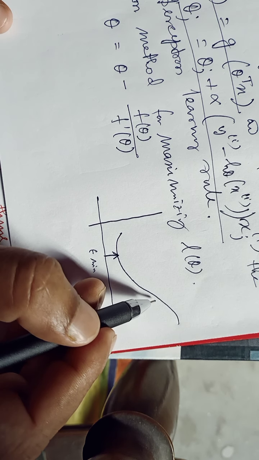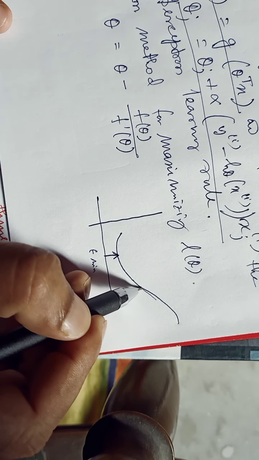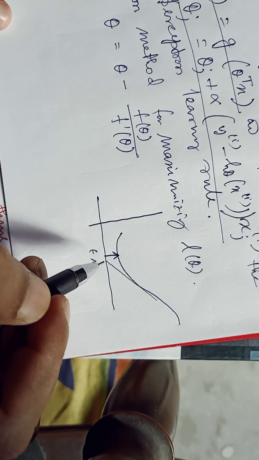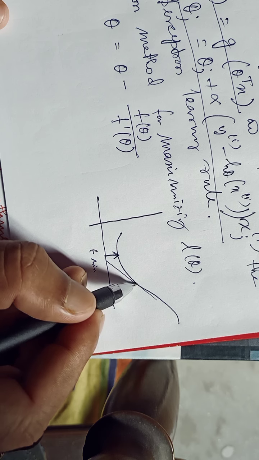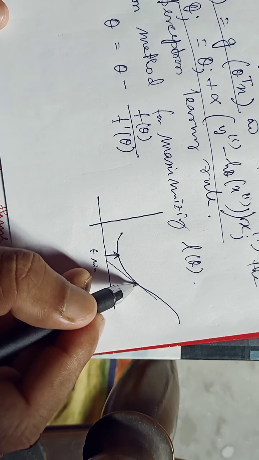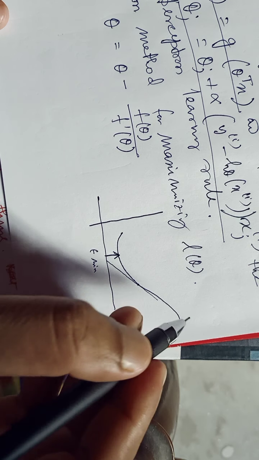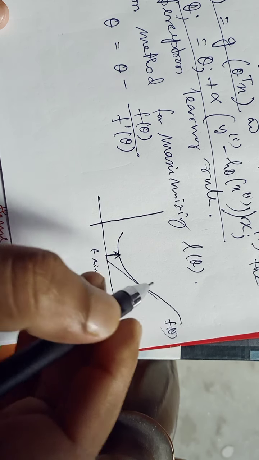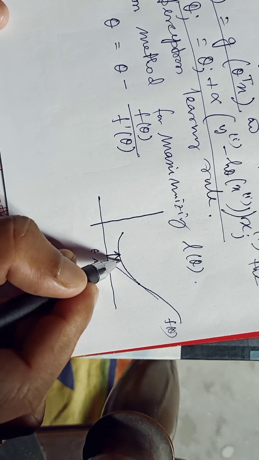So we will start from a tangent. What we can do here: theta will be updated by theta minus f theta over f dash theta, if this is the function f theta. So f dash theta means the tangent over this; it will come here and touch this point.